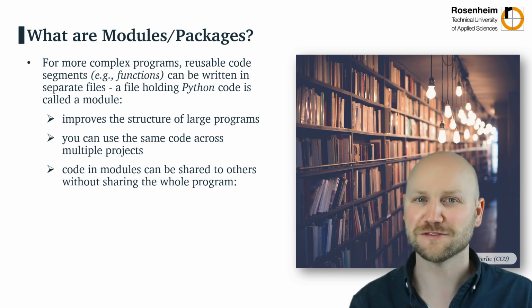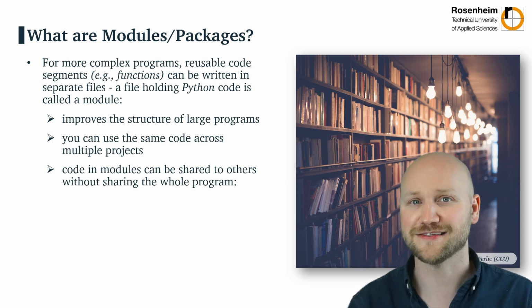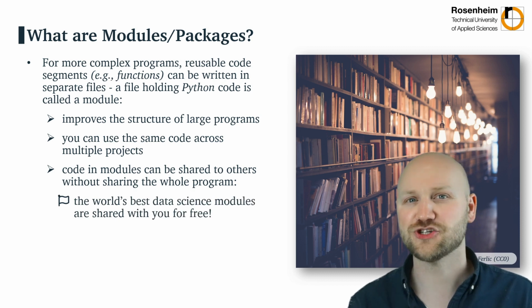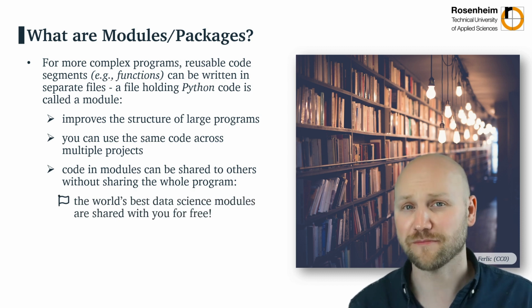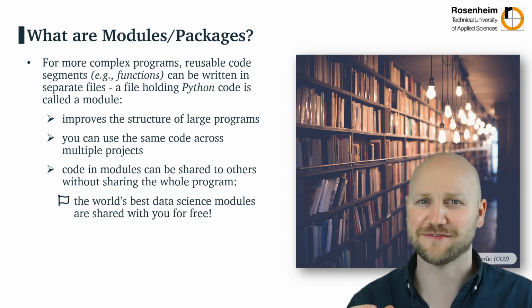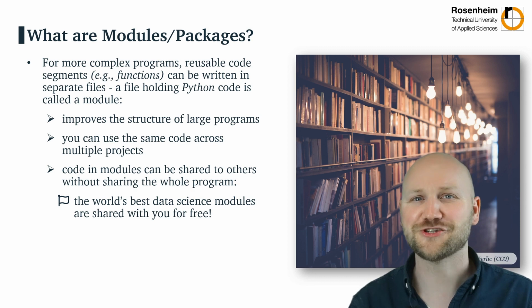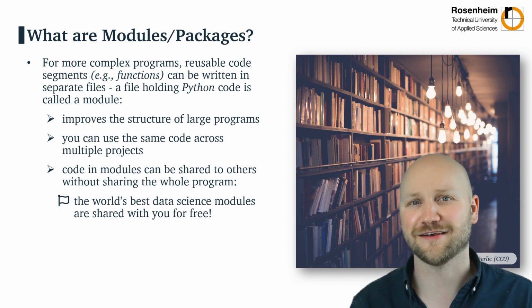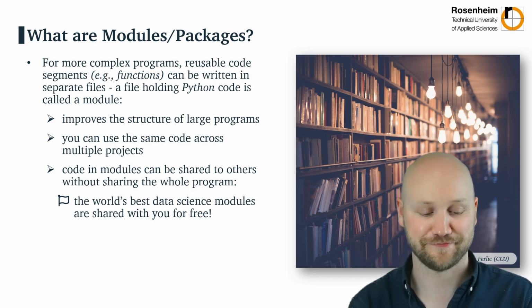So the world's best libraries, for example for data science, are written in Python and they are available for you for free. This is a great advantage, and Python is also very important in the field of data science, just due to its fast nature and the idea that all the data scientists are meeting in the Python world and giving you all these modules.